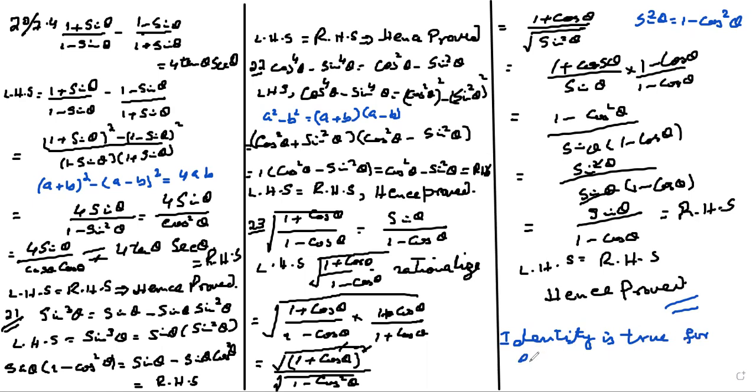Suppose we take cosine square theta plus sine square theta and put theta as 20 degrees, 30 degrees, 40 degrees. It is always equal to the right hand side. So it is true for every value of theta or x. That's why it is called an identity.